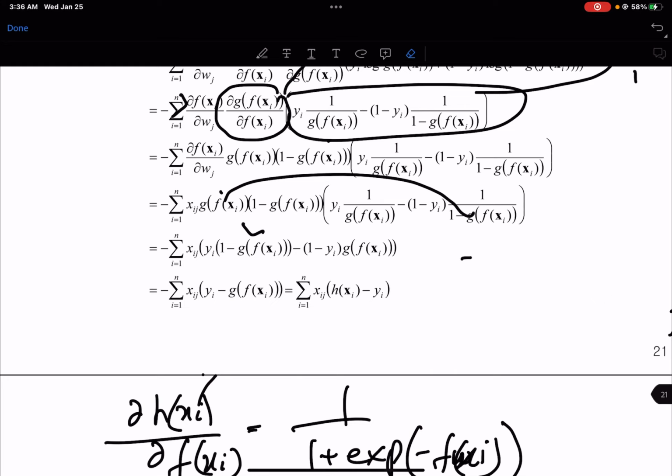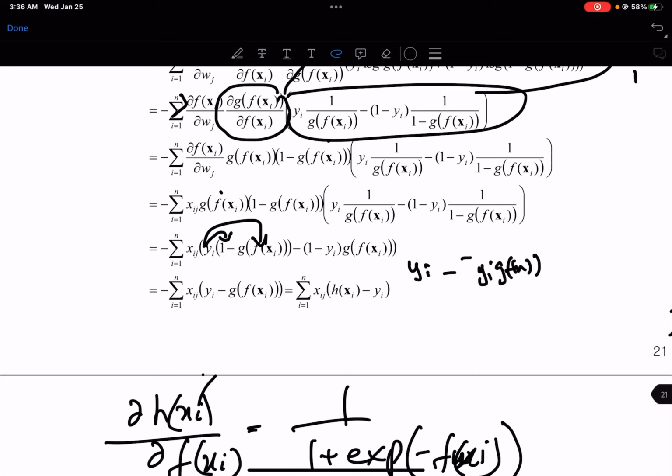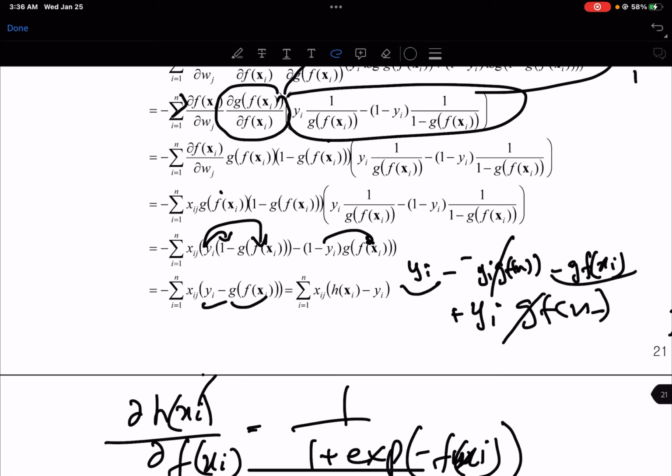Okay. yi multiplied here, and then here yi minus yi g of f of xi, minus g of f of xi, plus, then we multiply yi g of f of xi, the second part, so these two will cancel and you will be left with yi minus g of f of x, and then you can of course apply this minus term and change this g of f of xi replaced with h of xi.